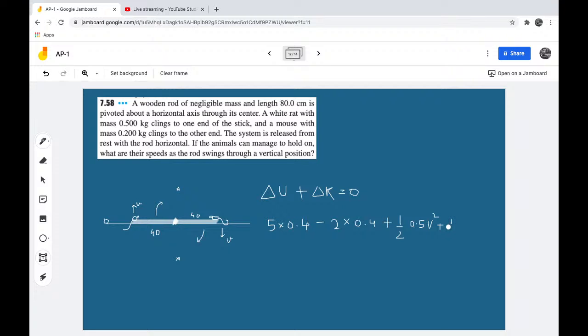Again, it's 1 by 2 into 0.2 into V square, and that has to be equal to 0.